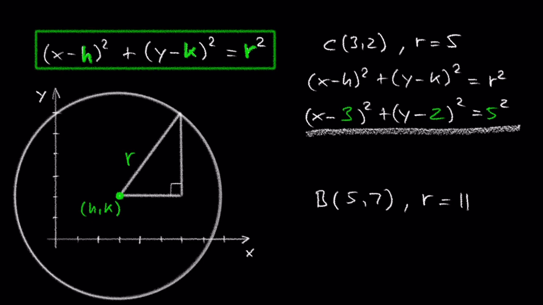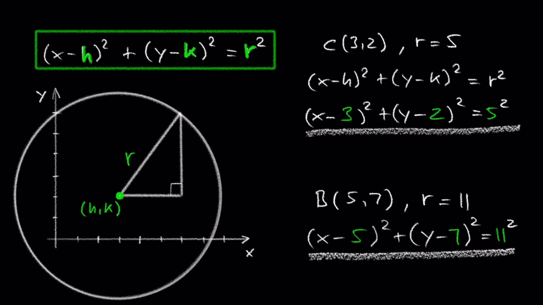Again, we just plug in the x-coordinate for the center, which is 5, for h, the y-coordinate for the center, which is 7, for k, and the radius 11 for r. And we are done with this problem. So this is the standard equation of a circle with the center 5, 7 and the radius 11.